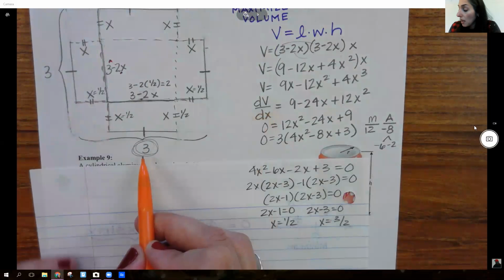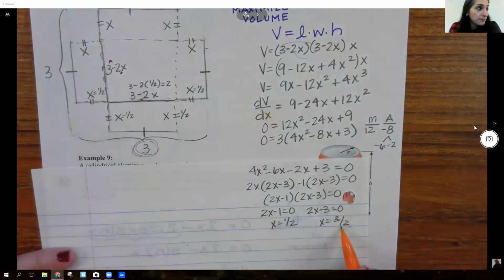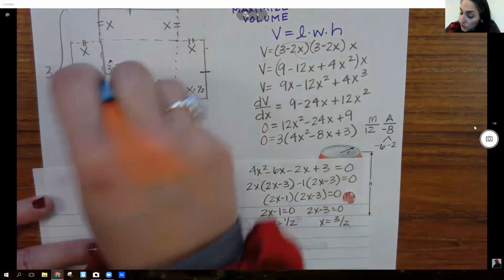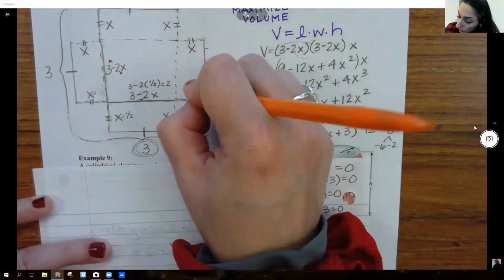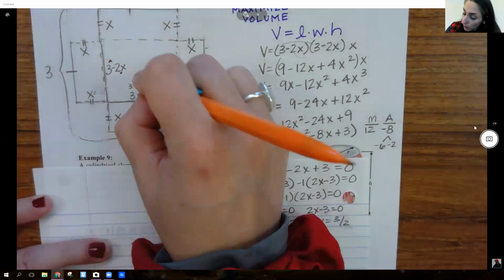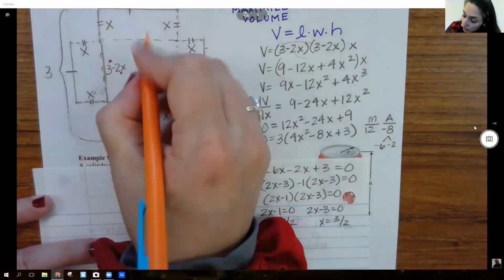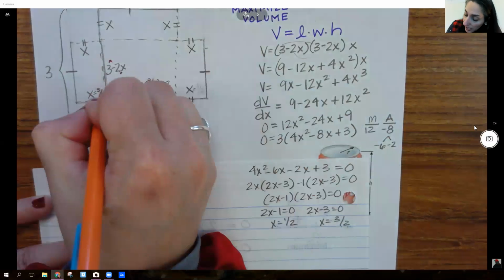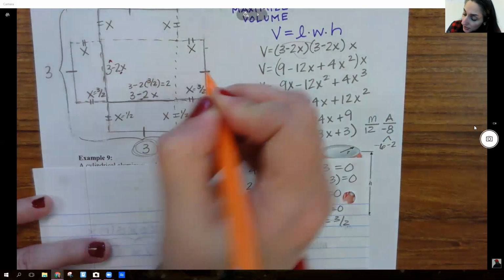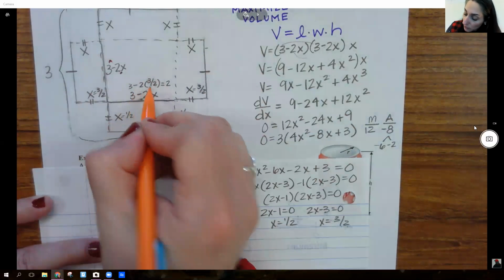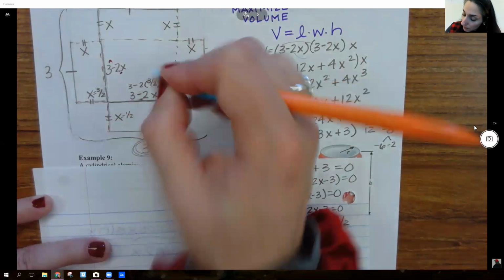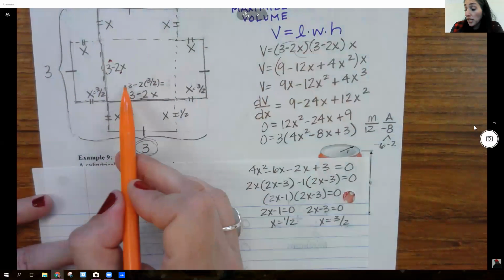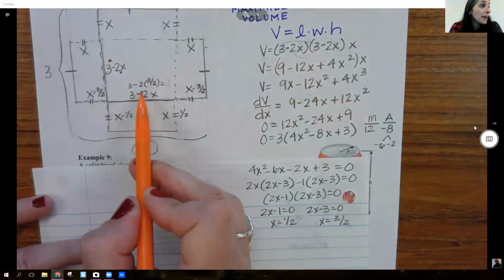Okay, now if I use the 3/2, and this is where checking if your answer is reasonable is so important. If I use 3/2, then this would be 3/2, and this would be 3/2, and this would be 3 minus 2 times 3/2. What is 3 minus 2 times 3/2?